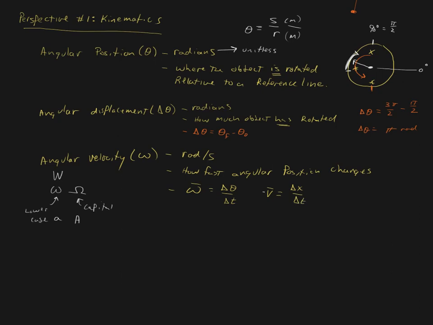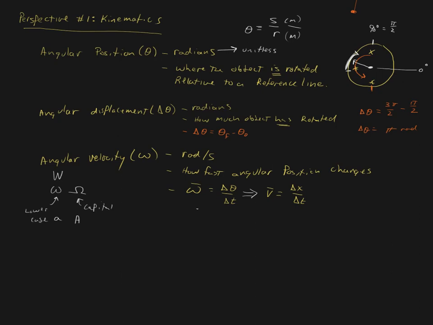And so one of the things that we're going to see throughout this study in rotation is that pretty much all of our equations that we saw in translation, where this was an example in translation, v is equal to delta x over delta t, we're going to see the analogous form of it in rotation.